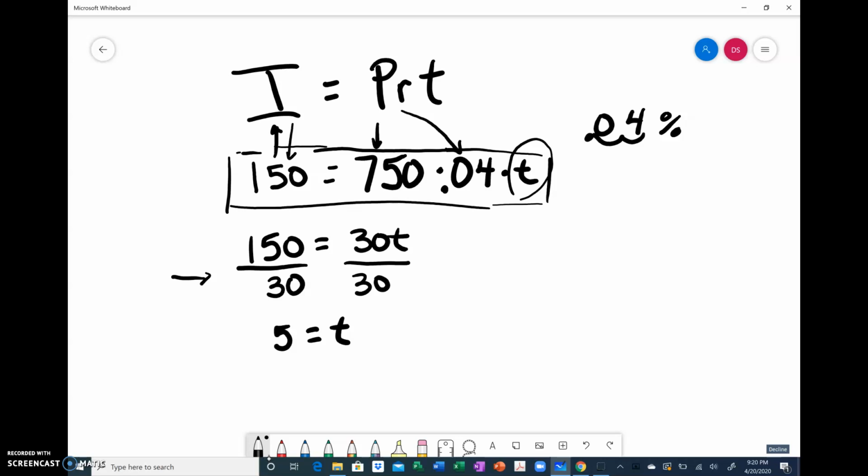The question was, how long will it take to earn $150 in interest? 5 what? Months? Hours? Remember, time is always in years. It would take 5 years to earn that much interest. That is how you do example 3.